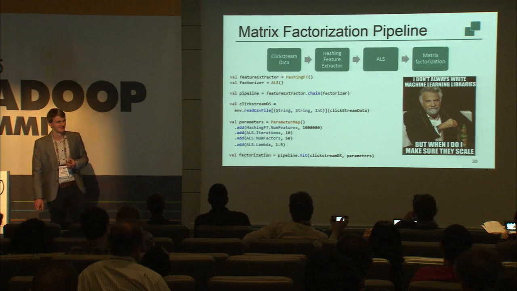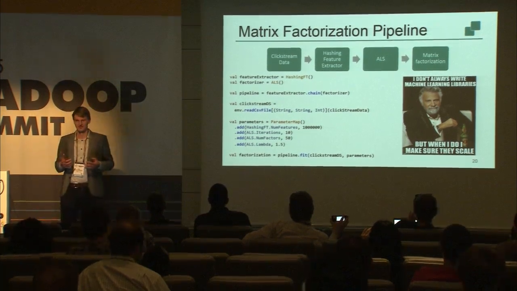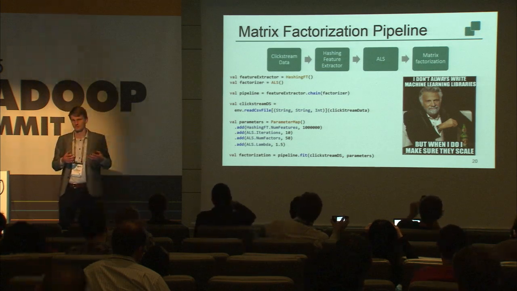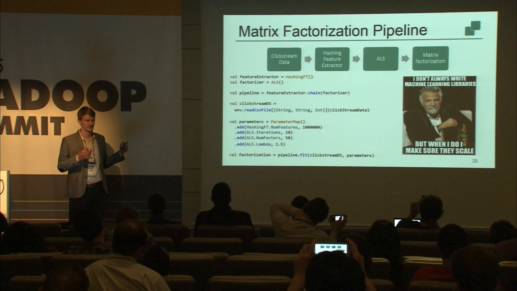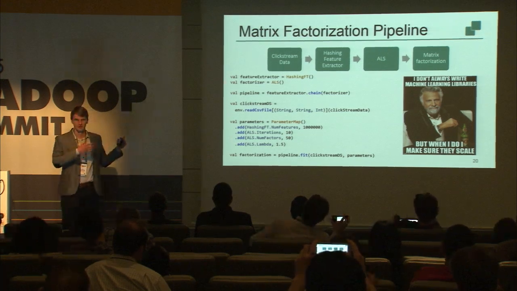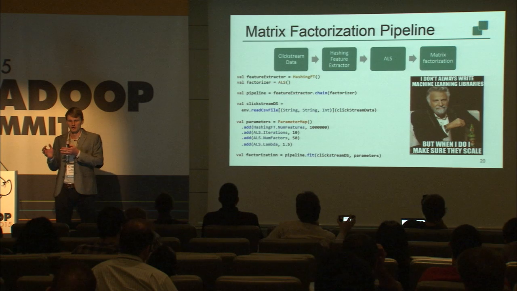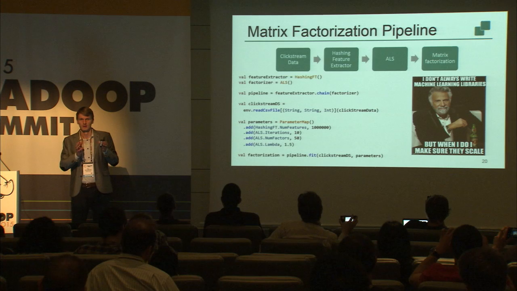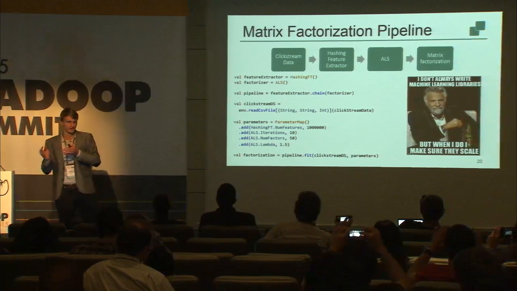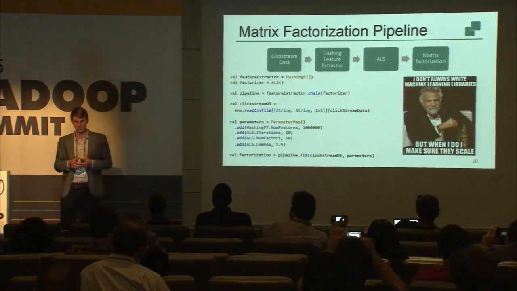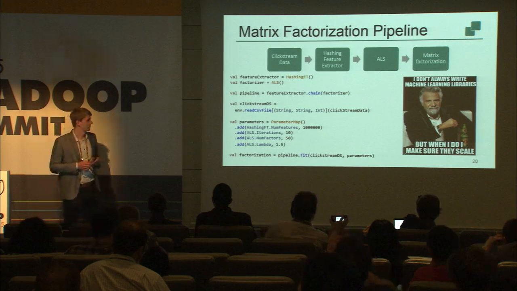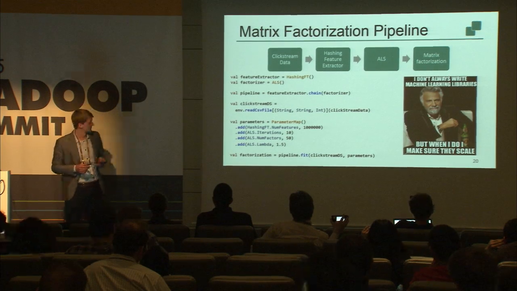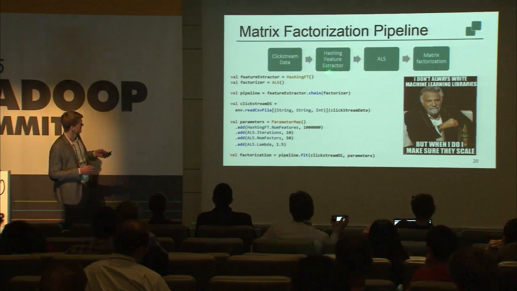Unfortunately, we can't directly apply it to the clickstream data we obtained from the log aggregation, because the ALS algorithm expects a sparse matrix representation, which is basically a tuple of a row index, a column index, and its value. But what we get from the log aggregation is a tuple of username, URL, and the click count, how often the user was on this website. So first of all, we have to transform this data into an appropriate form, and that's what the hashing feature extractor can do for us.